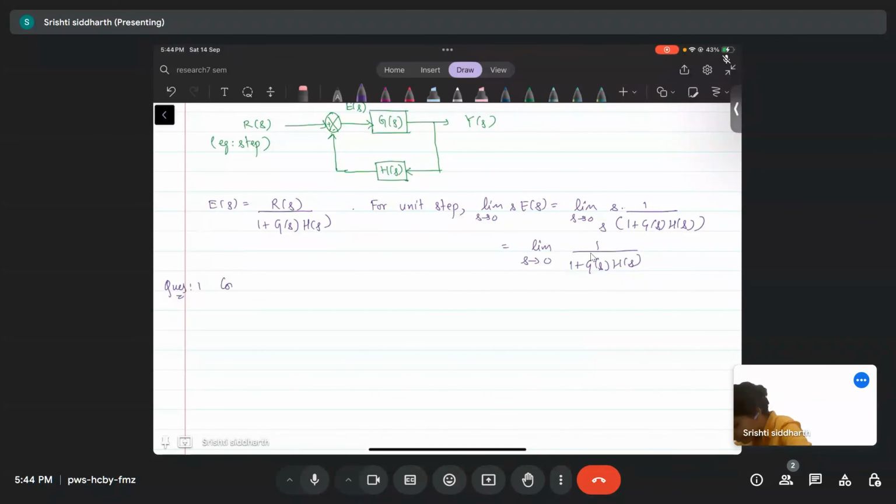Consider the closed loop transfer function given by T(s) equals 10s plus 50 over s cube plus 7s square plus 35s plus 50.